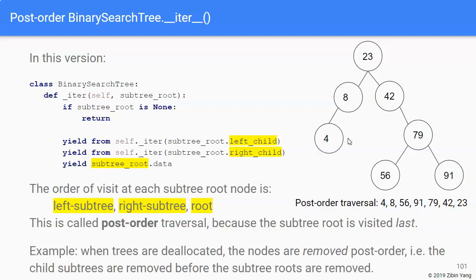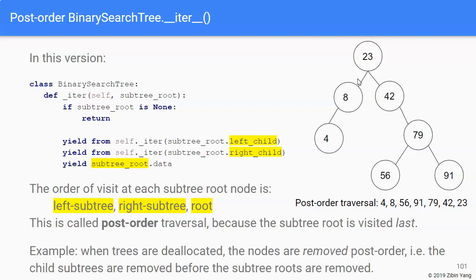And now this subtree is done, and we're going back up to the subtree that starts at 8 and trying to visit its right child, but there's nothing there. So both subtrees of the subtree that starts at 8 are done, and now we yield 8. So that's why 8 is next.